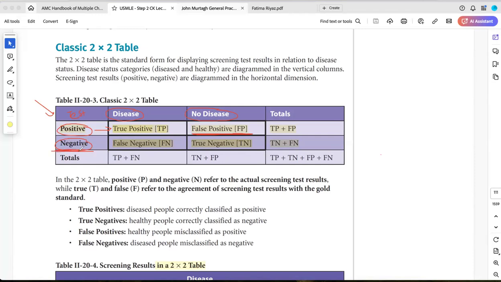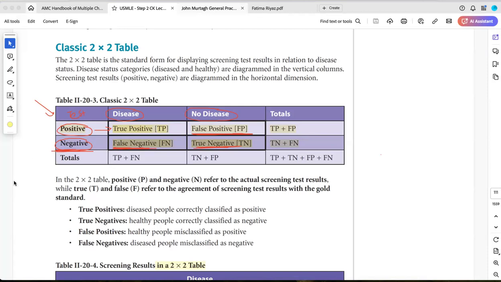Test came back negative, but the patient ended up getting a cancer. That means the test was false negative, or I remember it by falsely negative. Test negative and patient does not have any disease. That means the test is truly negative. Okay?